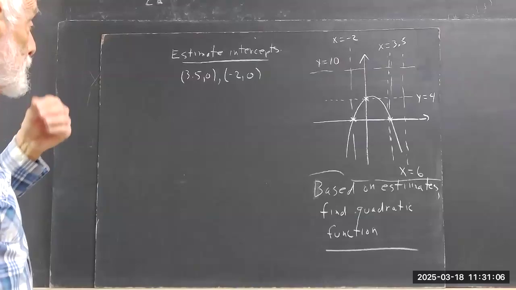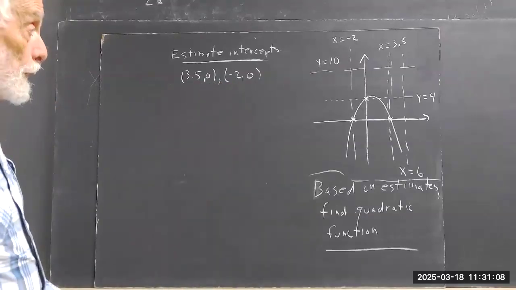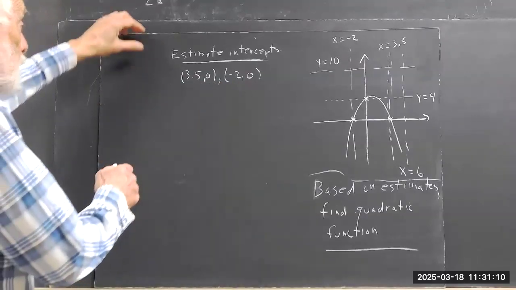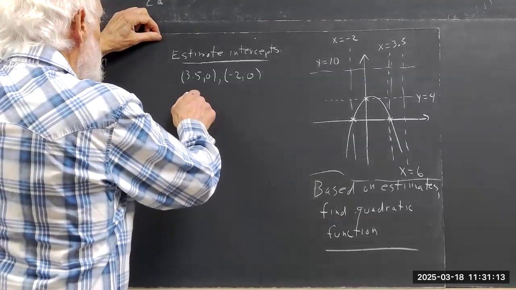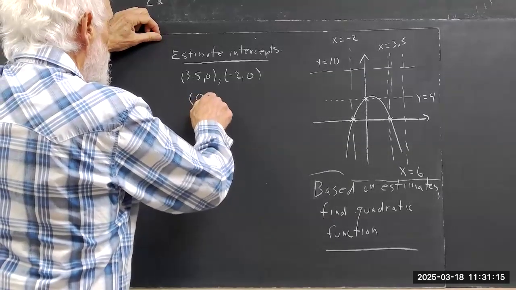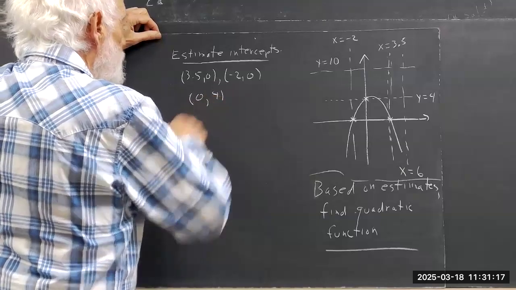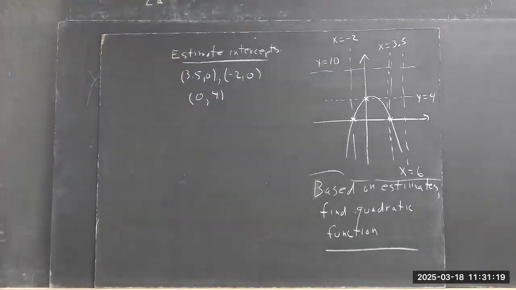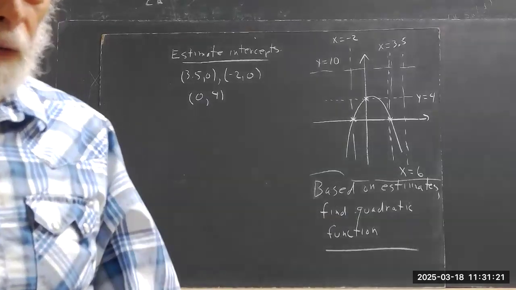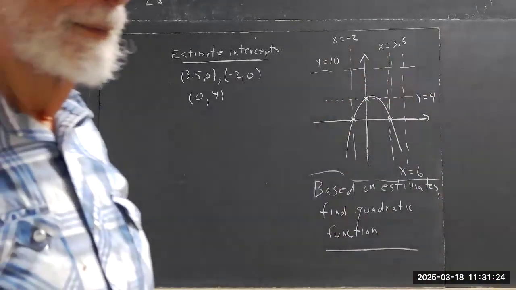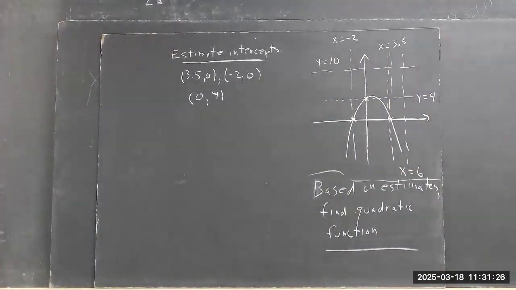Okay, anyhow, you got these 2 points. And the y-intercept is (0, 4). Now, it turns out that's all you need. So one way of solving this thing is just to use this. Okay.